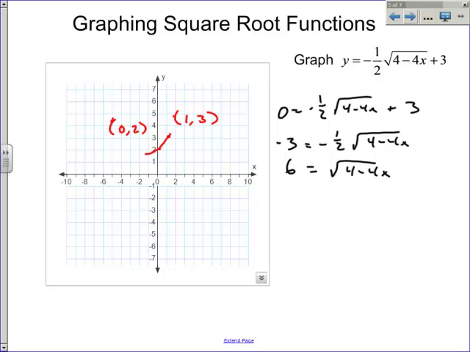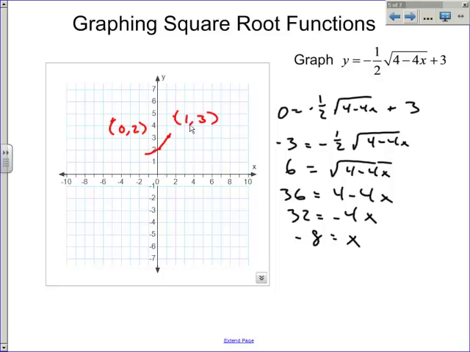Now I'm going to square both sides. I have to watch out for extraneous roots, but just to make sure, I see 36 is equal to 4 minus 4x. Subtracting 4 from both sides, 32 is equal to negative 4x. And dividing both sides by negative 4, negative 8 is equal to x.